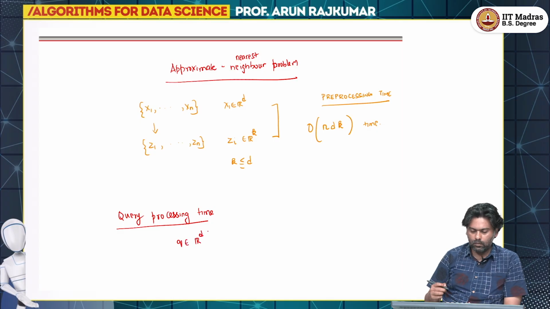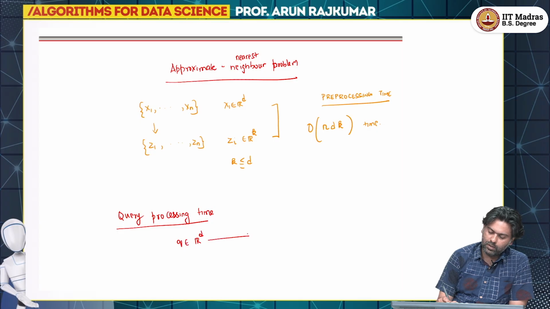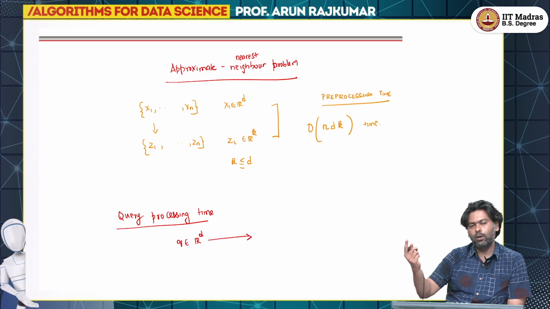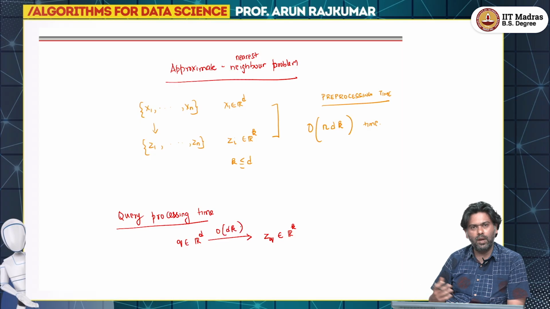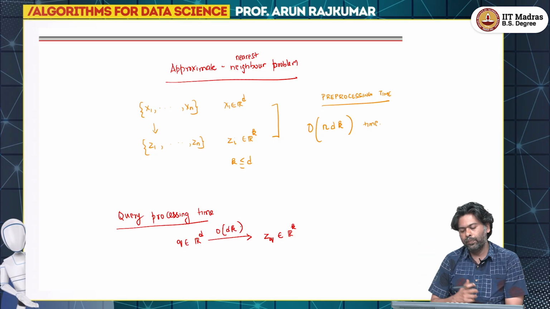So the first thing one has to do is map this query point also to the low dimension. And how would you do that? You would do it using again the JL transform. So that's going to become zq, which is in R^k, and this is going to take order of dk time, because there is again a matrix of size k by d that multiplies this vector of d dimension.